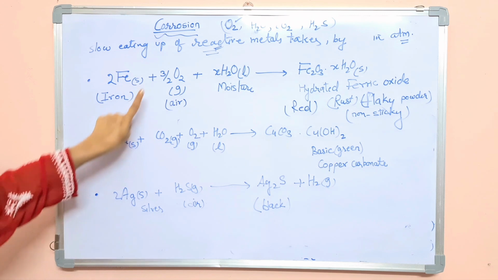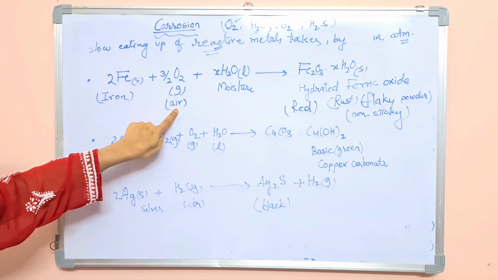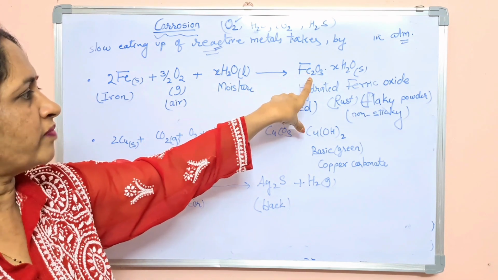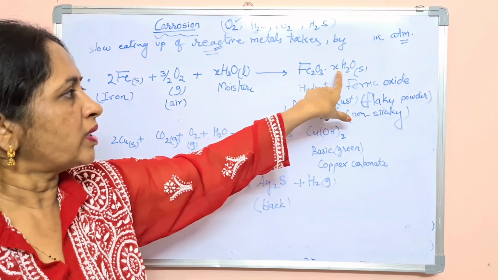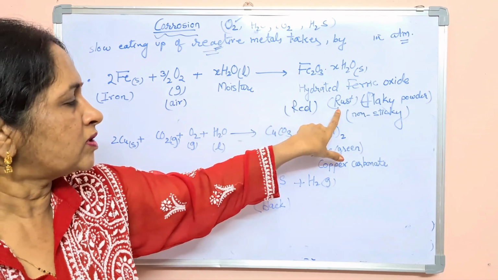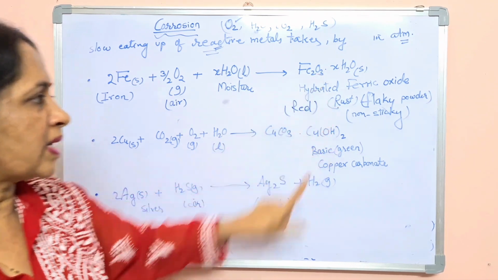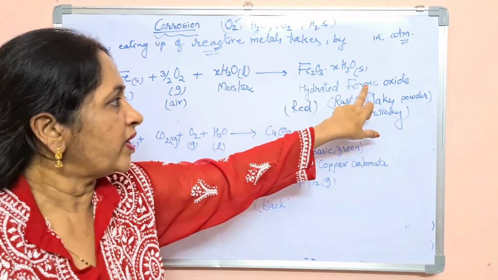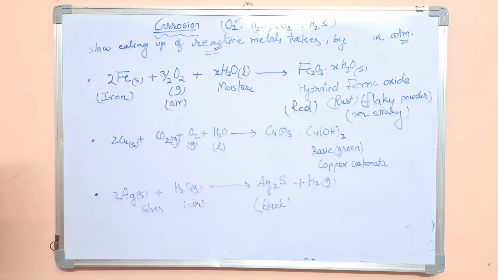So when iron is exposed to oxygen from the air and humidity present in the air, it forms the rust, and the formula of the rust is Fe2O3.xH2O. Very important, we must remember the formula of the rust and the chemical name of the rust, that is hydrated ferric oxide. Fine.